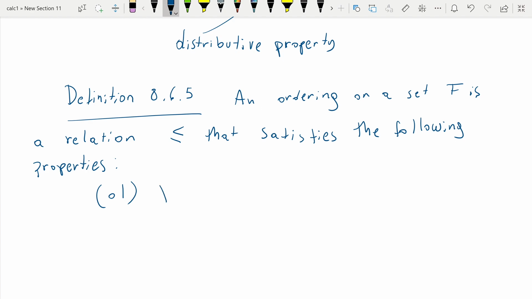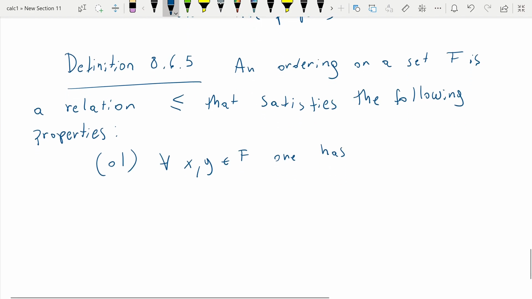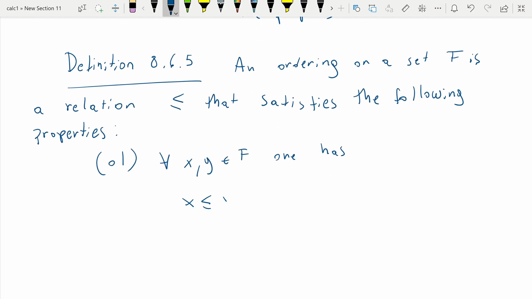So for all x and y in F, one has that x is less than or equal to y, or y is less than or equal to x.